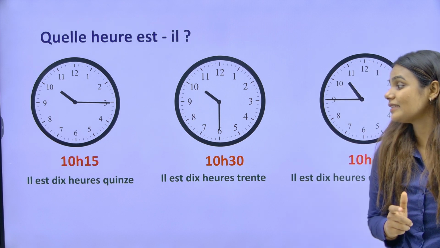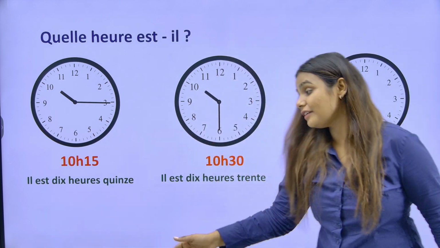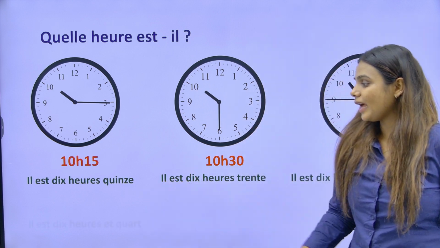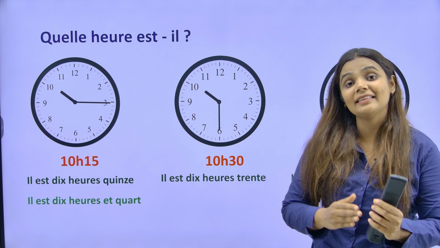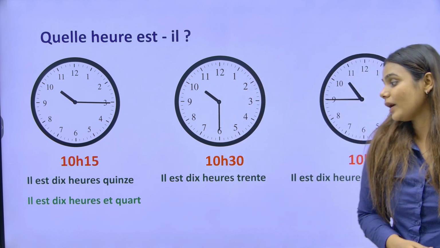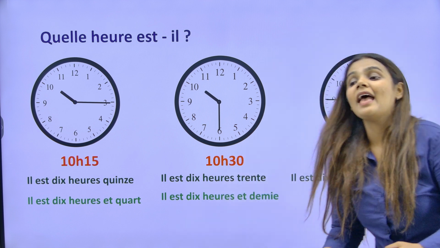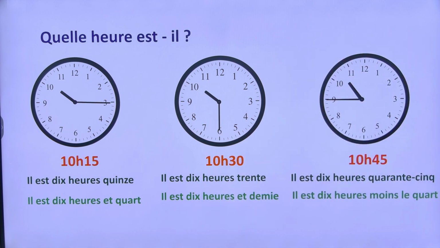Let's take the same example and let's try to say the time in a different way. So the first one I will be saying it as il est 10h15. Excellent. The next one I will be saying it as il est 10h30. And the last one I will be saying it as il est 10h moins le quart.